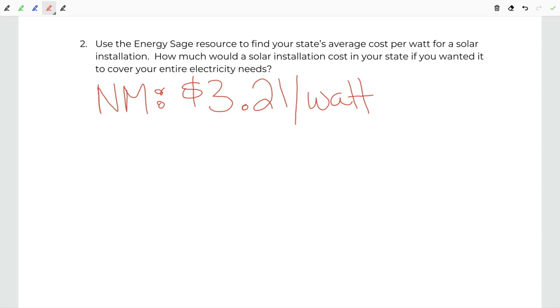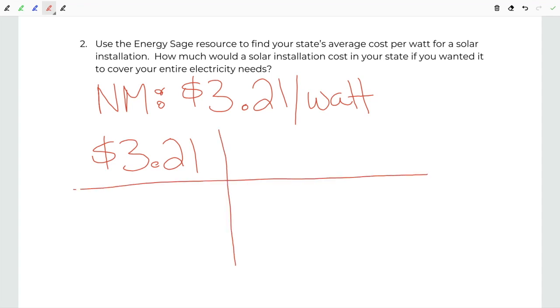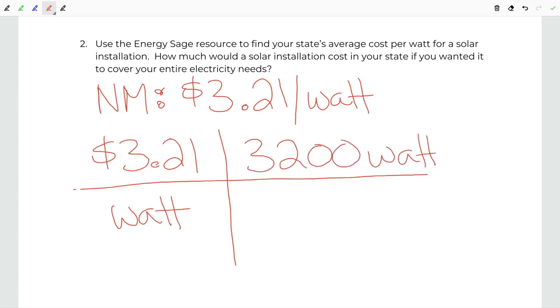So if we're going to take our average cost of $3.21 per watt and figure out how much our system would cost if it needs to produce everything, then we use our train tracks, $3.21 per watt, and we know that we need 3,200 watts in our system.